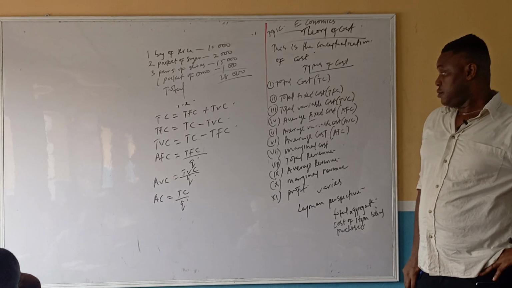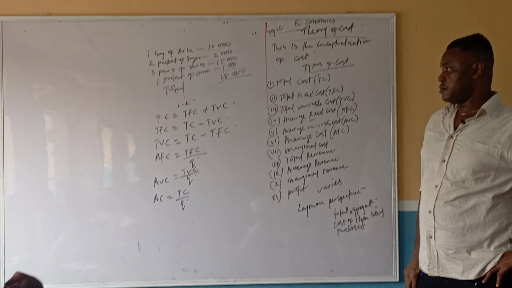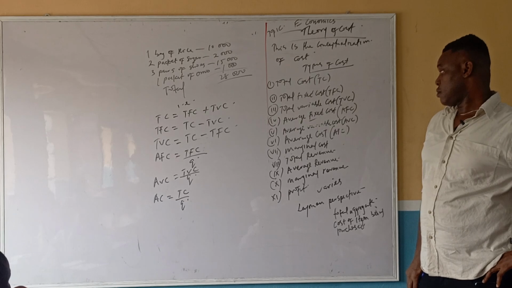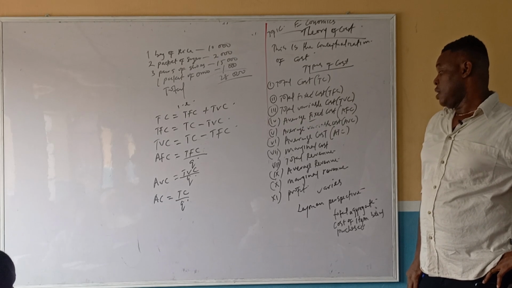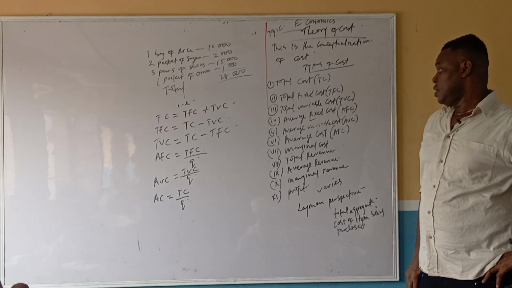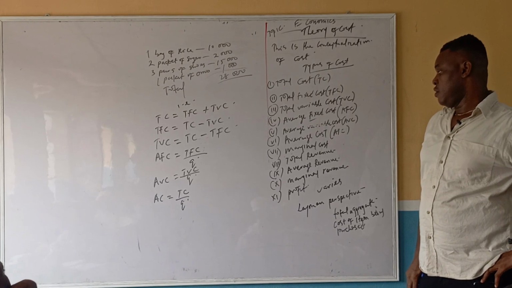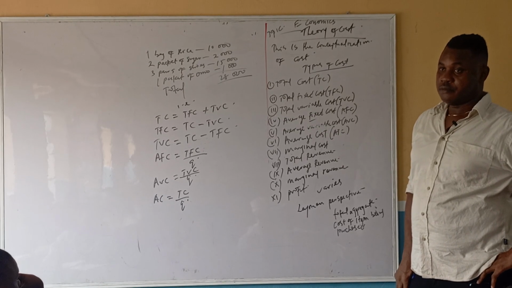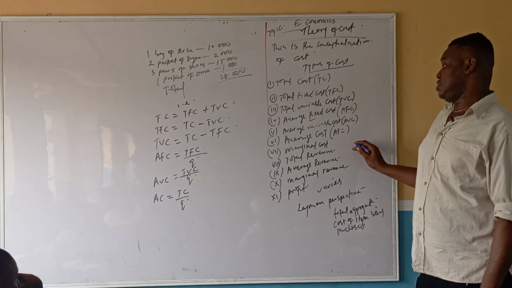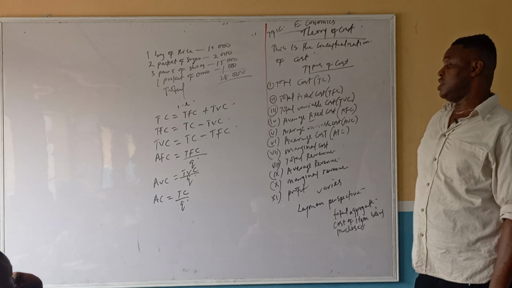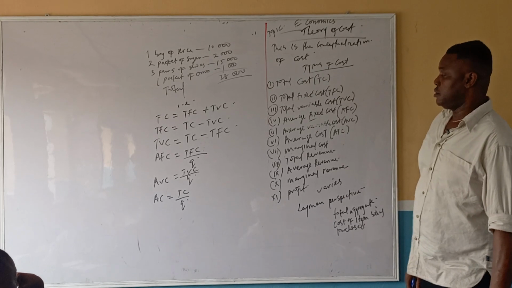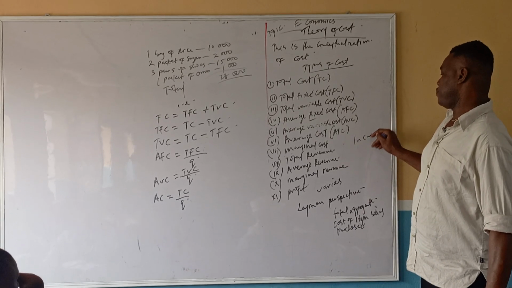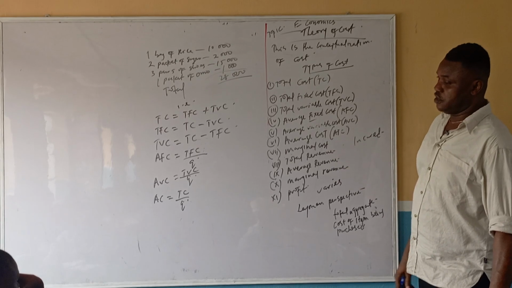Next, marginal cost. This is the extra cost incurred for producing extra units of the product.